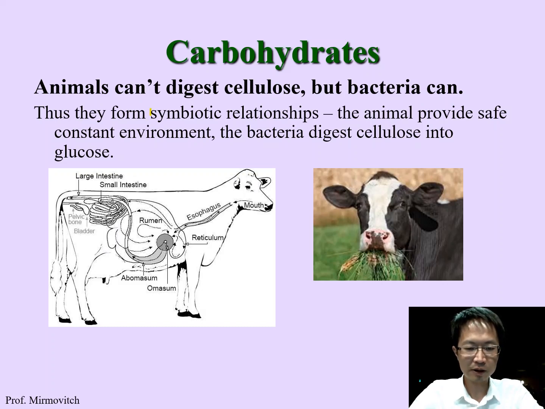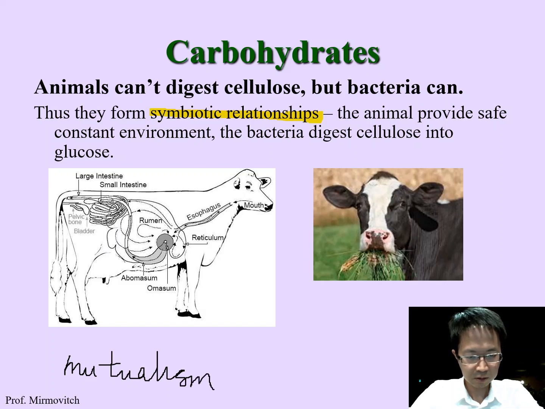Animals cannot digest cellulose, but bacteria can. Bacteria form something called a symbiotic relationship. Specifically, we call it mutualism. Mutualism is one type of symbiotic relationship.